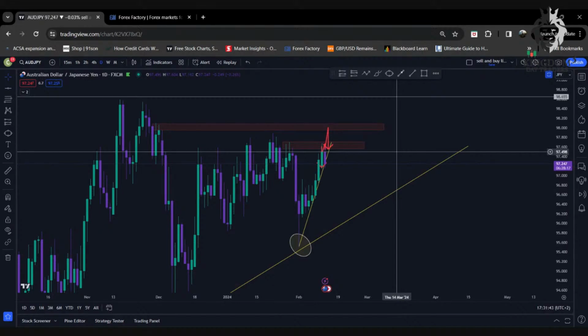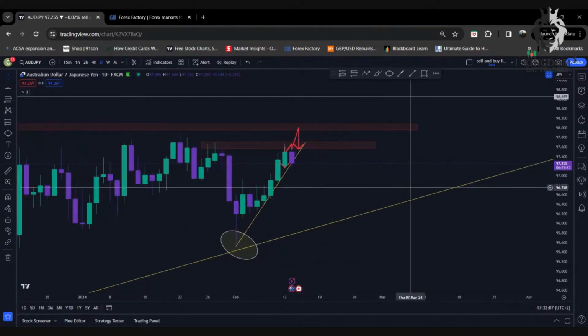Because this is when you're in uncharted waters, right? You want to test the market, and AUD JPY is one of those pairs where price action moves slow, right? So you can buy and sell according to the market and test the market out. I highly recommend that as well.